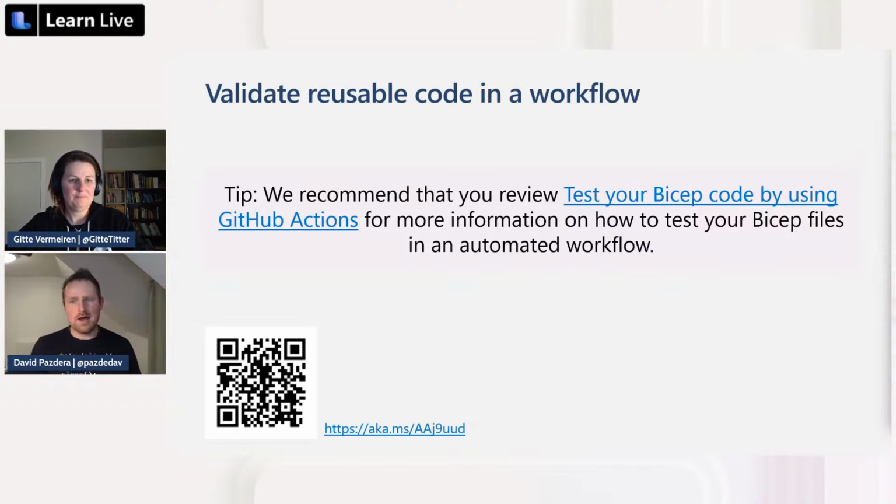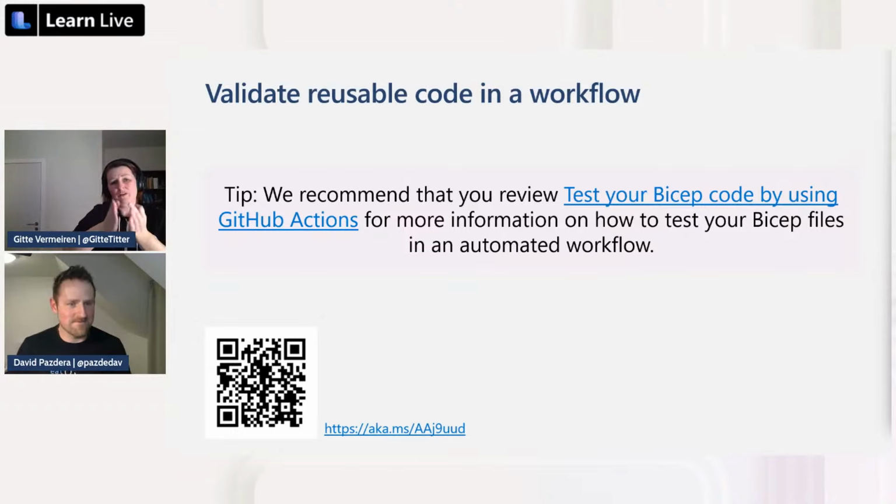That is why we didn't include what-if in this pipeline or workflow, because from this point of view, it doesn't really make sense. We want to publish to a different place than Azure itself, even though with template specs it's sort of publishing to Azure, but we will talk about that more. The what-if makes sense after the publishing, once someone starts using your template spec, but not at the time of publishing.